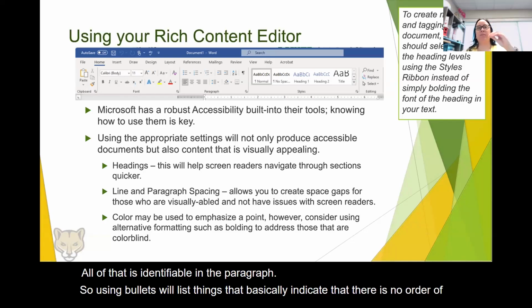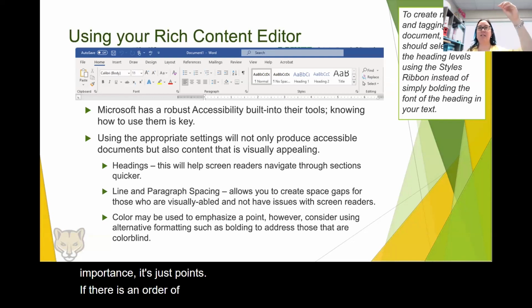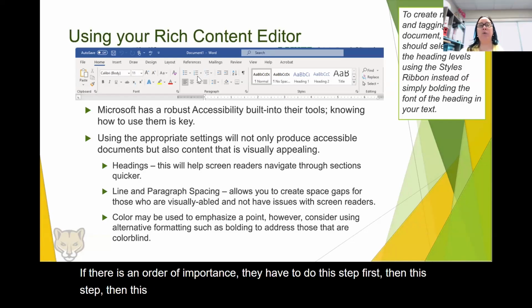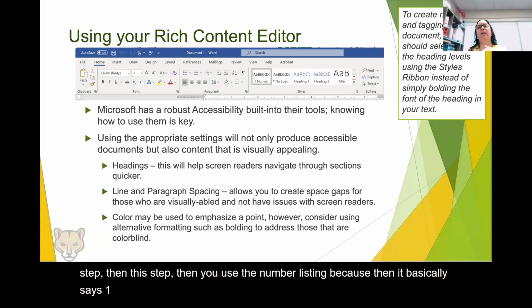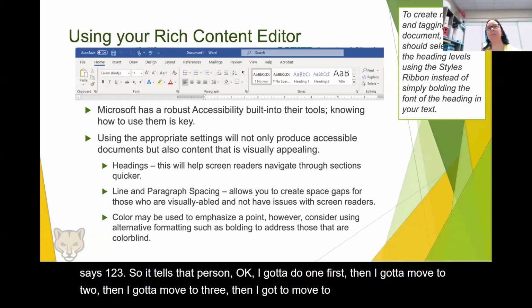It's just points. If there is an order of importance, they have to do this step first, then this step, then this step, then you use the numbered list, because it says 1, 2, 3. It tells that person, okay, I got to do 1 first, then move to 2, then 3, then 4.